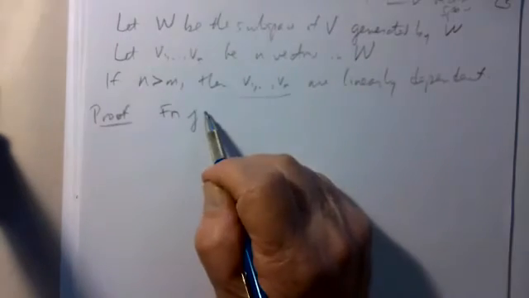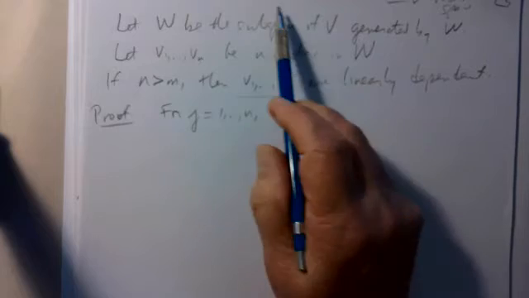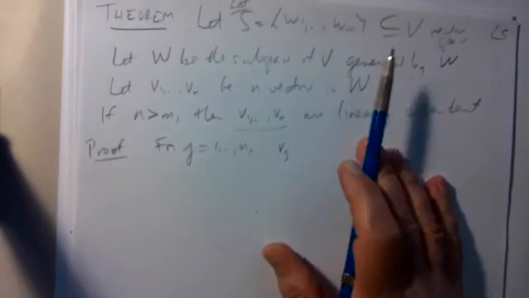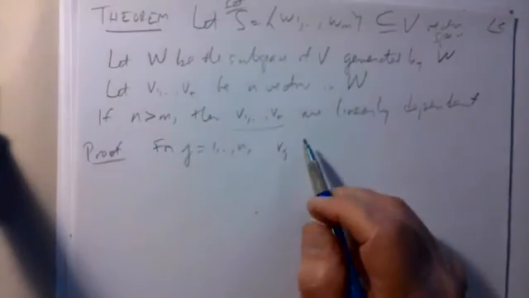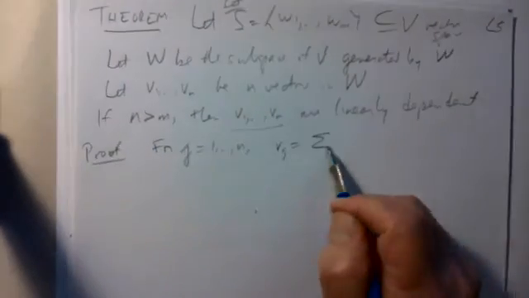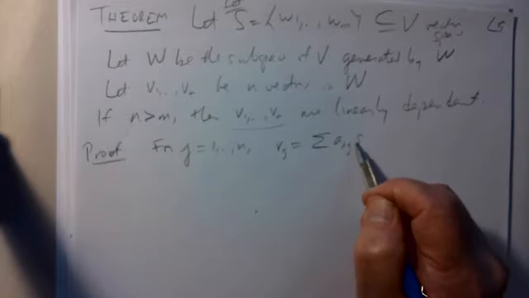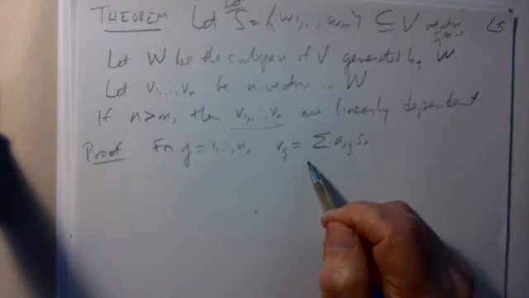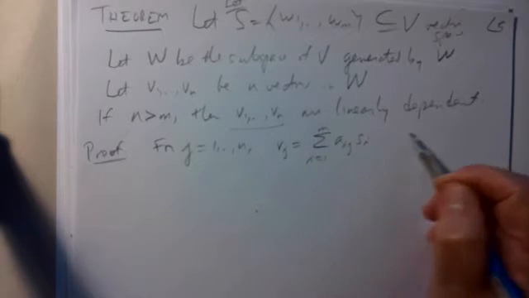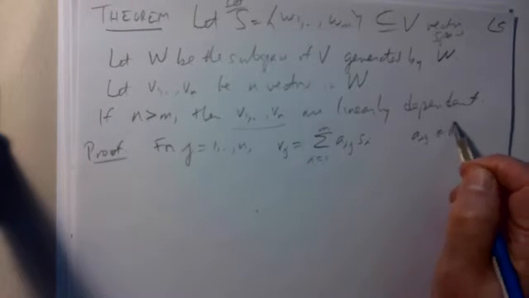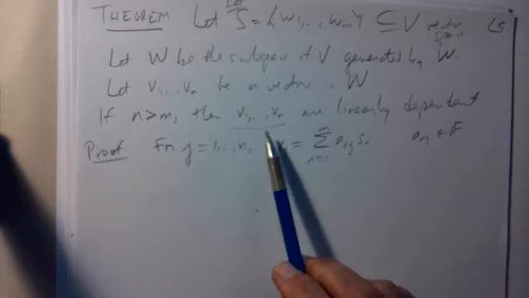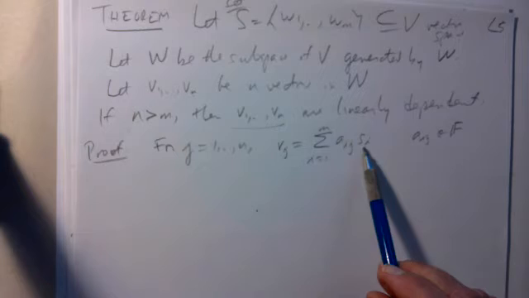So for every j from 1 up to n, the vector v_j is in the subspace generated by S. That means the set of all linear combinations of vectors in S. So v_j is some sum of a_ij s_i, i goes from 1 to m, where the a_ij's are scalars, real numbers. Right? Every one of these vectors v_j is a linear combination of the s's.